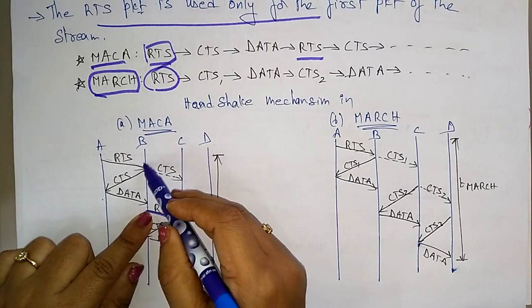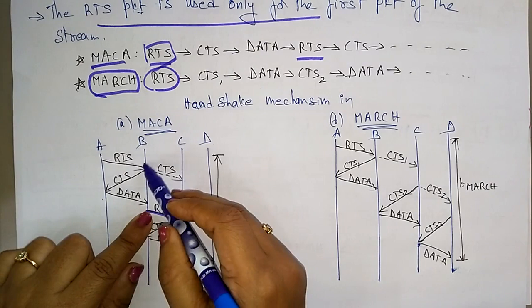But in MARCH, only the first packet has the request to send. It sends RTS, next CTS, next the data. After sending the data, C directly informs B, clear to send, I'm free now, you can send the data. So it sends the data.